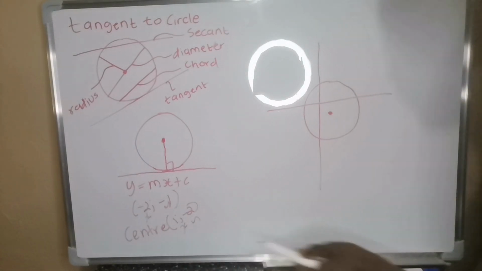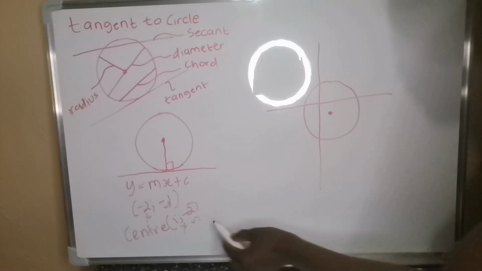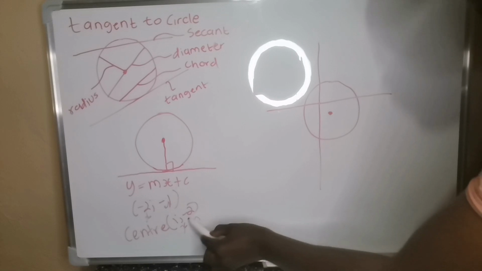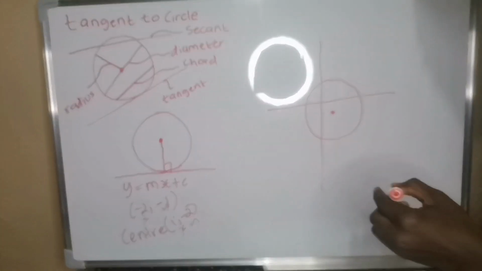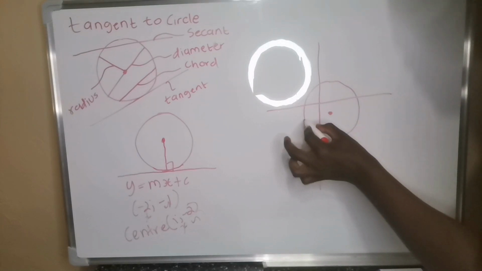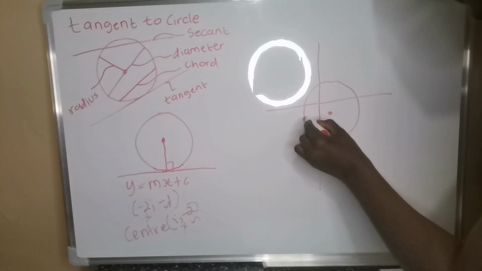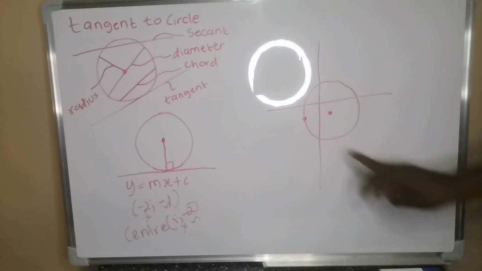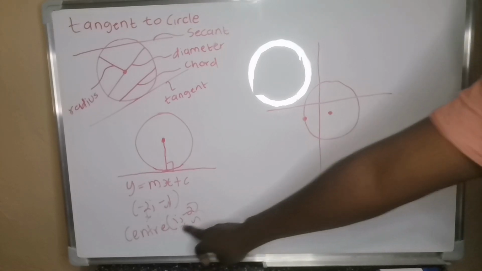For this point, we have negative 2 and negative 1. So you have them positioned like this: negative 2 and negative 1, then 1 and negative 2.